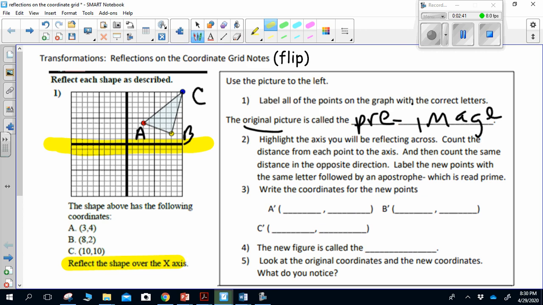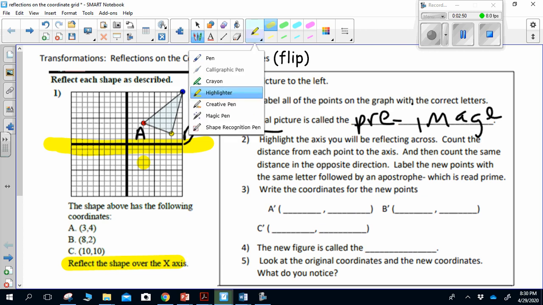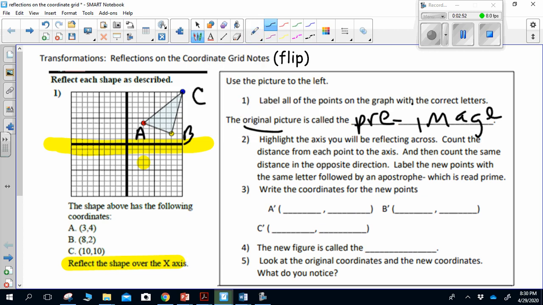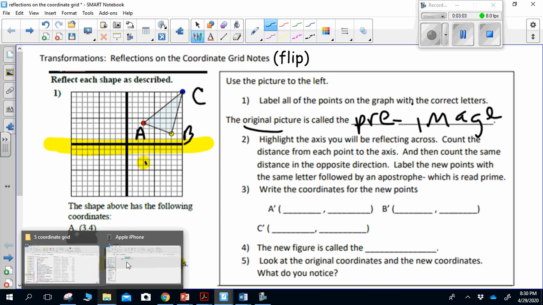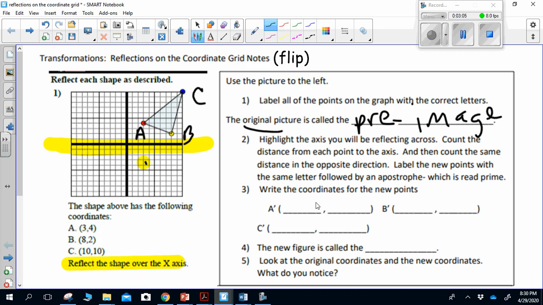So my new A is going to go right there. We can't call it new A, that's not proper. That A is going to be called A with an apostrophe up behind it, and that's read A prime. So A prime is located at 3, -4.